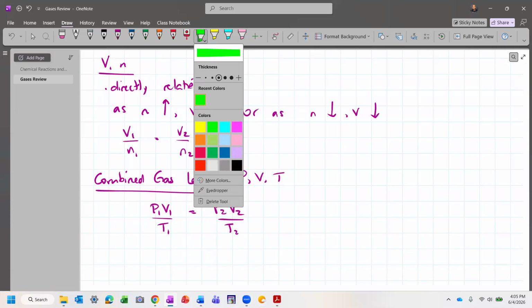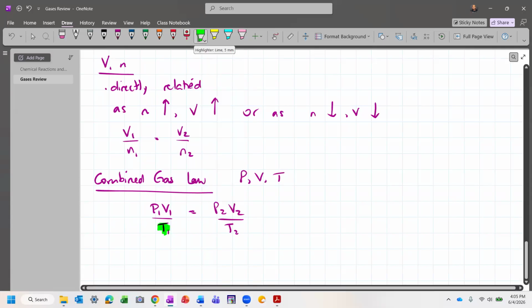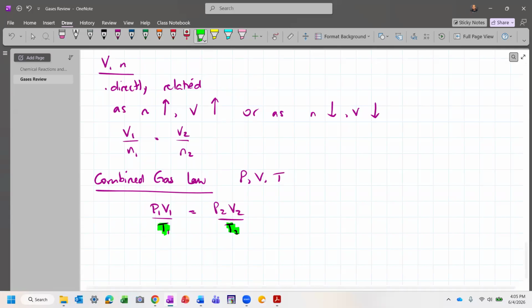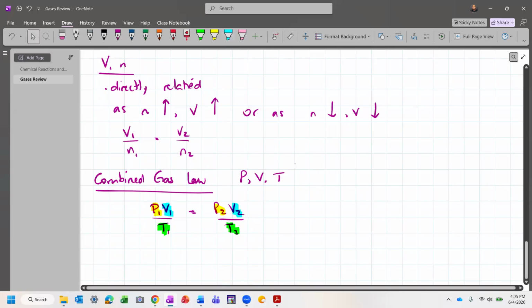If you kept the temperature constant, in other words, if T doesn't change, then you have P1 V1 equals P2 V2. That's Boyle's law. If you kept the pressure constant, so if P doesn't change, then you have V1 over T1 equals V2 over T2. That's Charles' law. If you kept V constant, then you have P1 over T1 equals P2 over T2, and so forth. So that's the combined gas law.